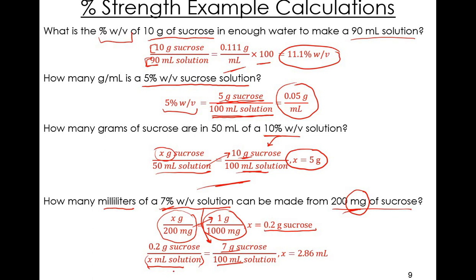So we can crisscross and divide both sides by 0.2, and that will give us an X value of 2.86 milliliters of 7% solution that we can make from the 0.2 grams of sucrose.